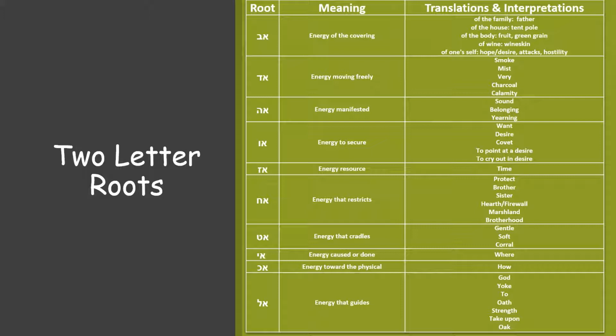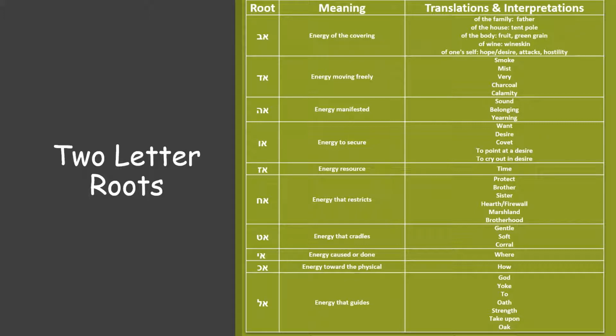The second one is Aleph Dalet, energy moving freely. That is smoke, mist, vapor, charcoal, calamity. Aleph Hey, energy manifested, is sound, belonging, yearning. Energy secured, which is Aleph Vav, is want, desire, cover, to point at a desire, to cry out in desire. Aleph Zayin is energy resource, which is time.